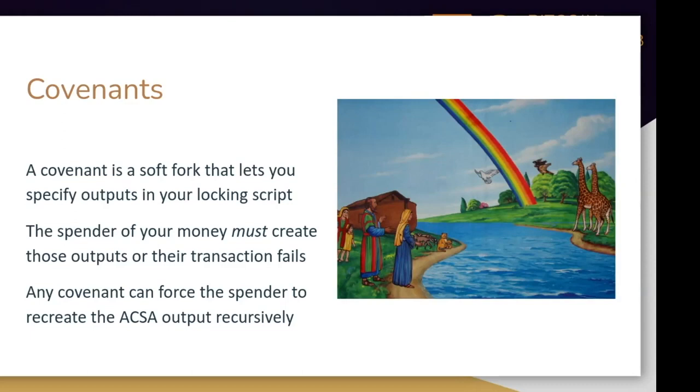But if there's a covenant on it that says the only address you can spend to is the same address, then there can't be any theft, and so you don't have any missing blocks. Any covenant can force the spender to recreate the anyone-can-spend address output recursively, and so that prevents theft and it prevents any skipped blocks.